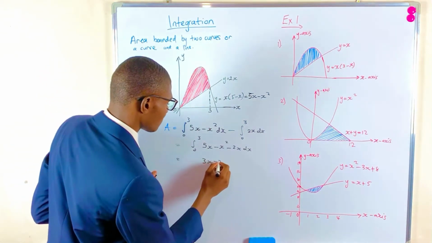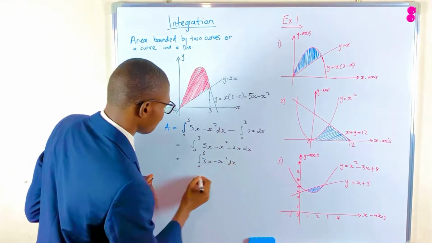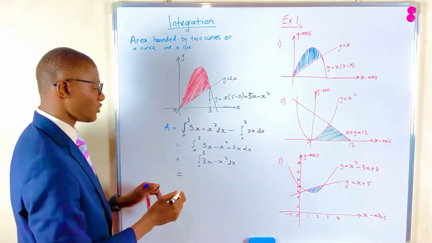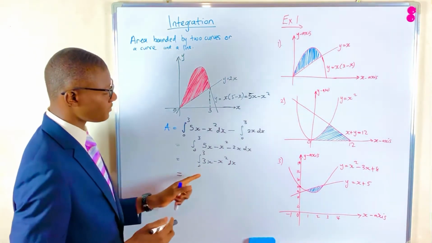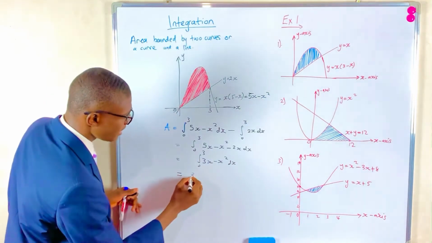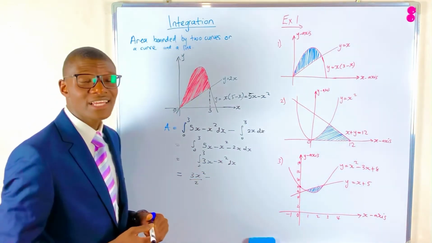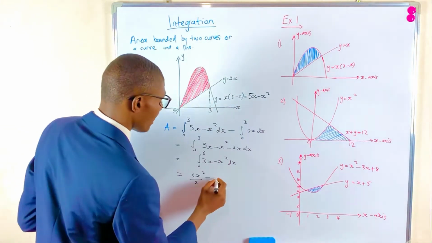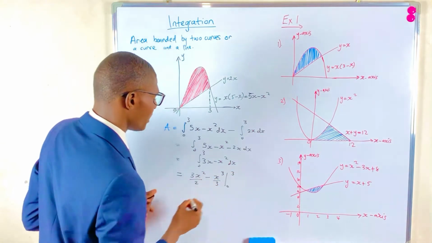So we have the integral from 0 to 3 of (3x minus x squared) dx. Now integrating, the integral of 3x is 3 times x squared over 2, minus the integral of x squared, which is x to the power of 3 over 3, from 0 to 3.